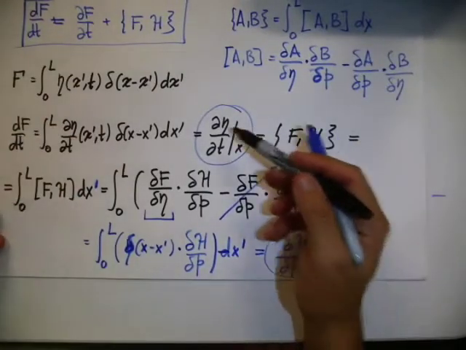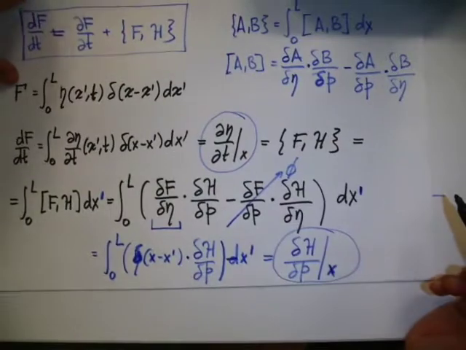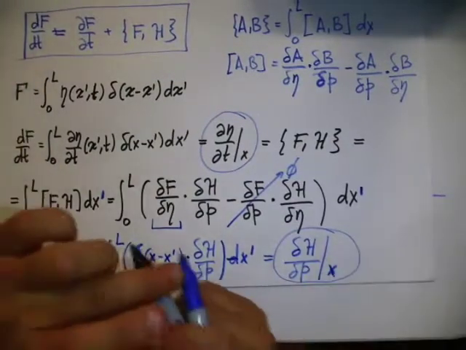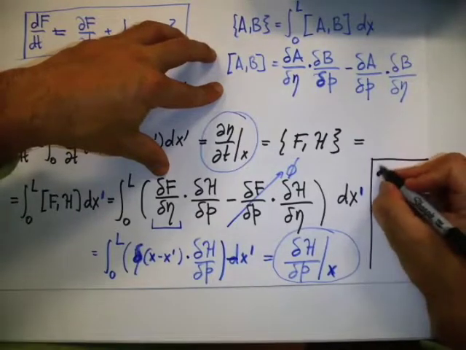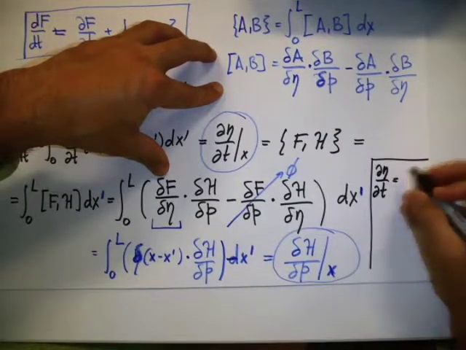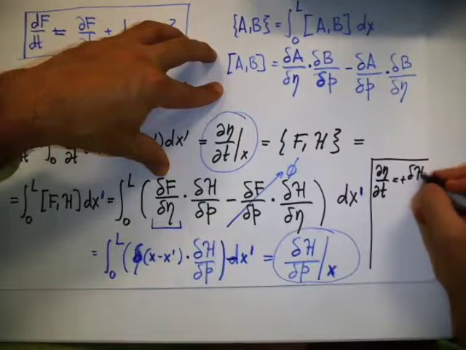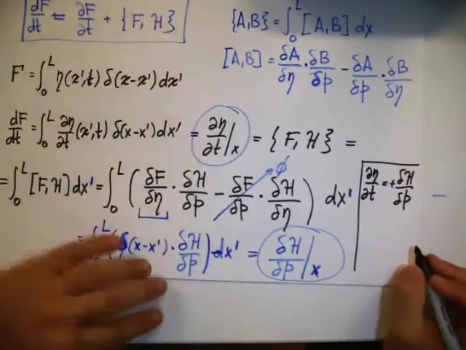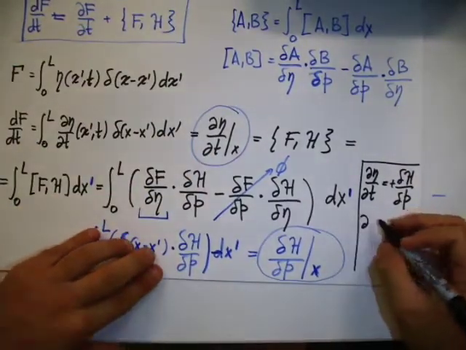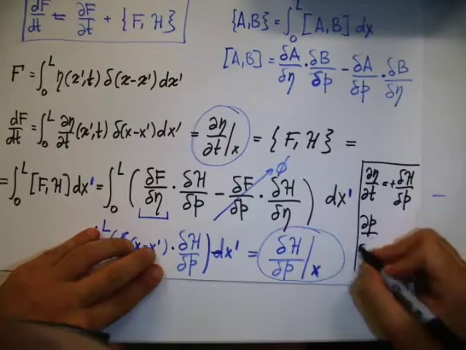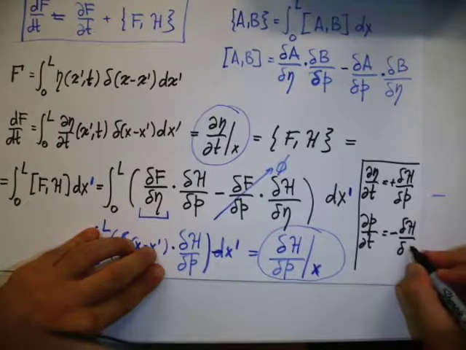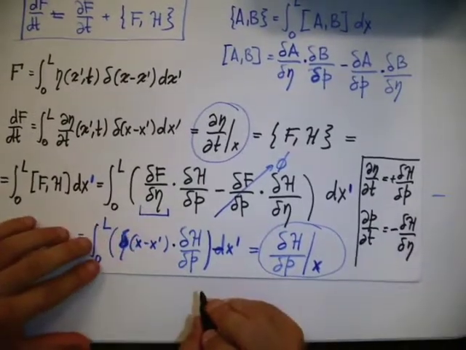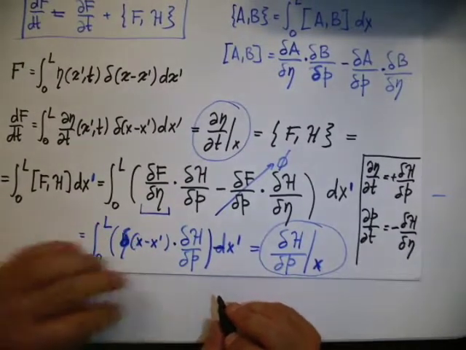The same reasoning can be applied to p. So what we get here is d eta dt equal plus the partial of h with respect to p. Of course, I can also derive with the same reasoning p dt equal minus the partial of h with respect to eta, and which observable should I take?